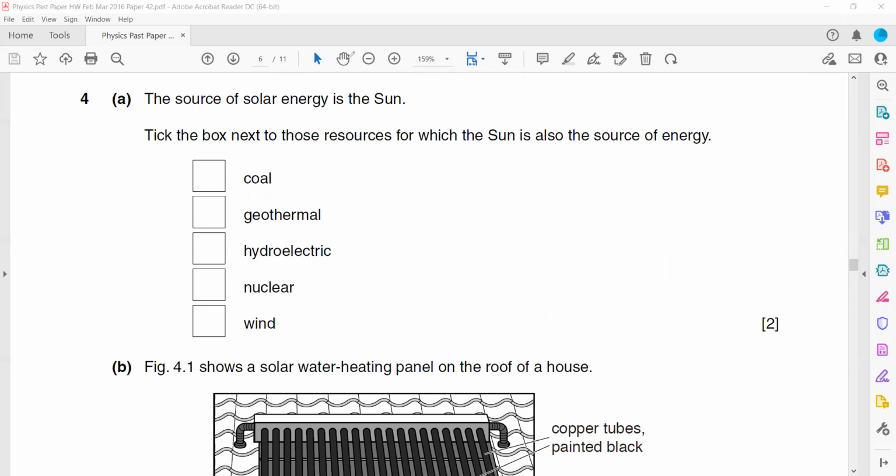Hydroelectric means hydro is a term used for water. It's related to the water cycle, and the water cycle actually originates from the sun only. What happens when large bodies of water absorb heat energy from the sun?